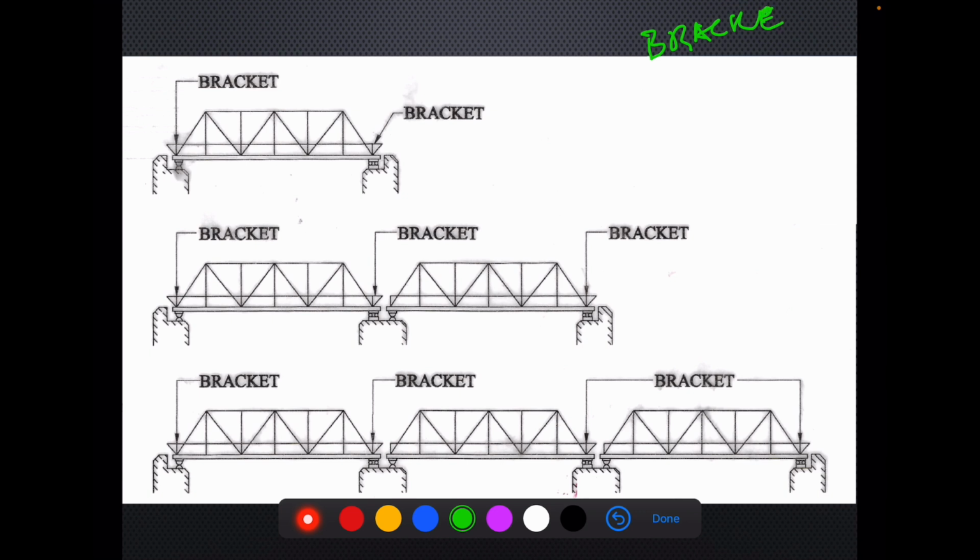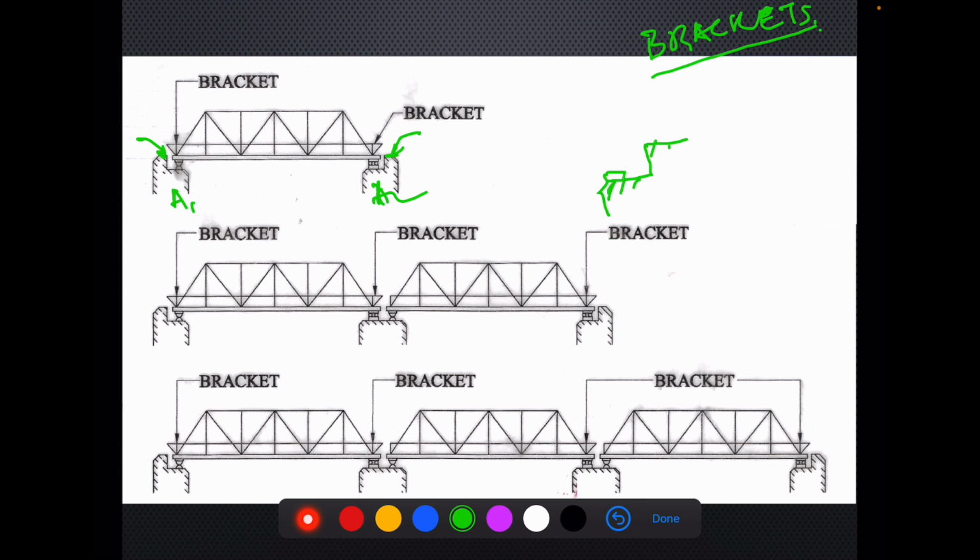Brackets are not only necessary for girders provided in series, but also when there is a single girder to be provided. At the end, this is my abutment wall. This is abutment 1. This is abutment 2.